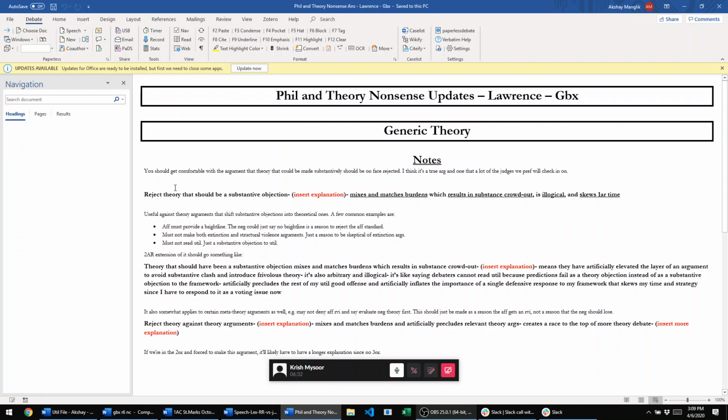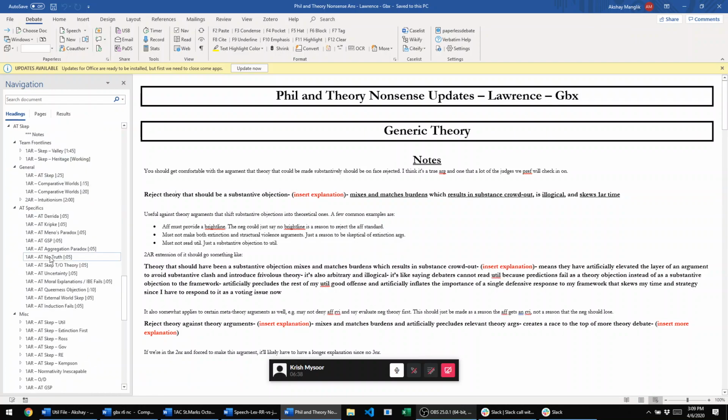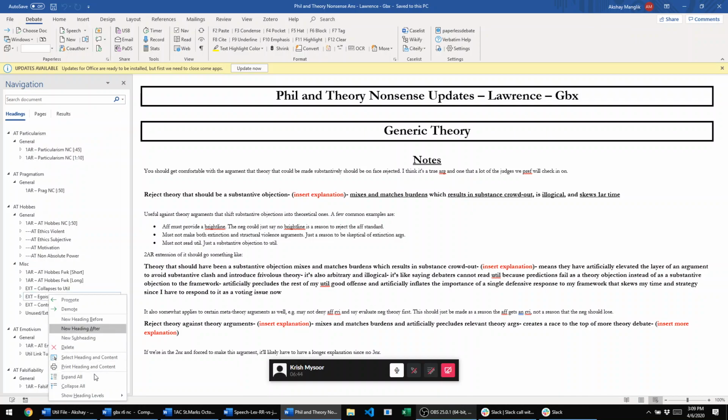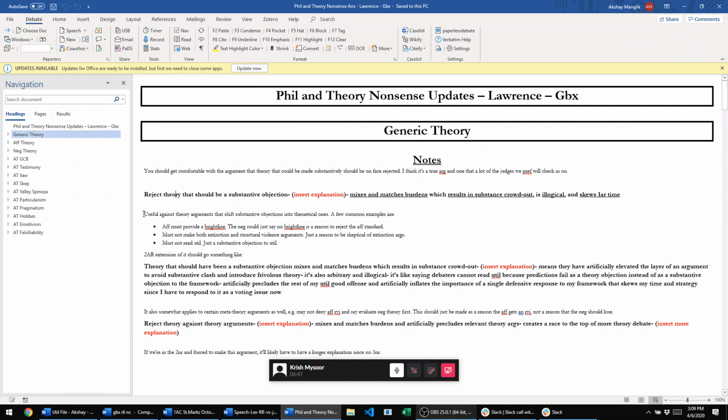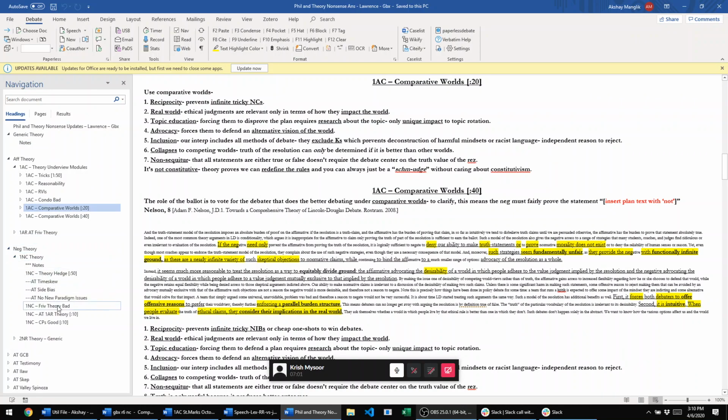There's a comparative world section here. All right, let me know when y'all have it up. All right, I'll take that as yes.